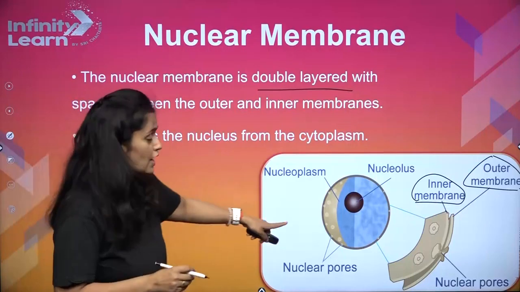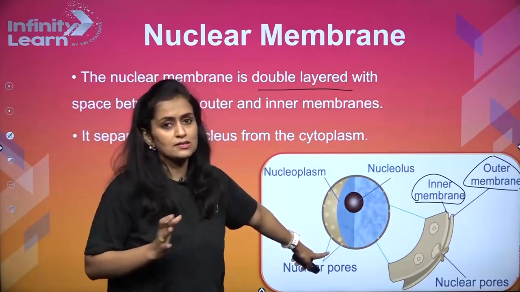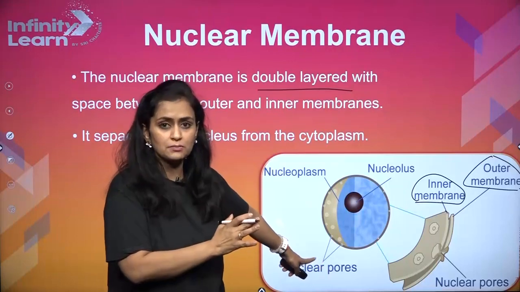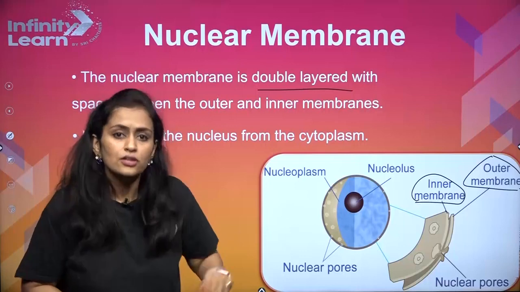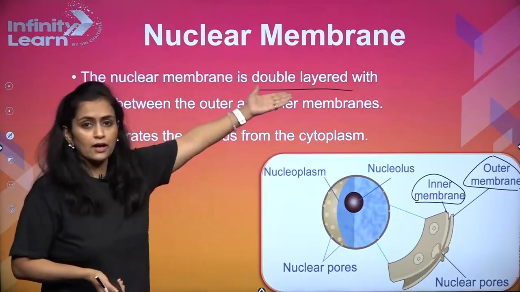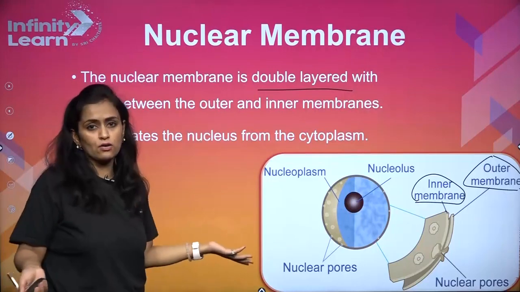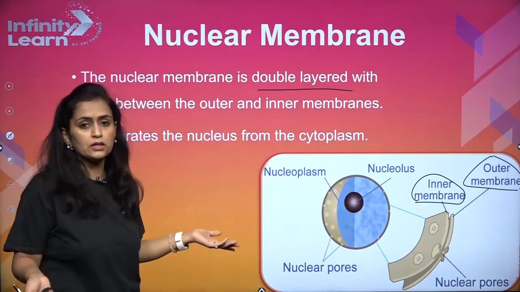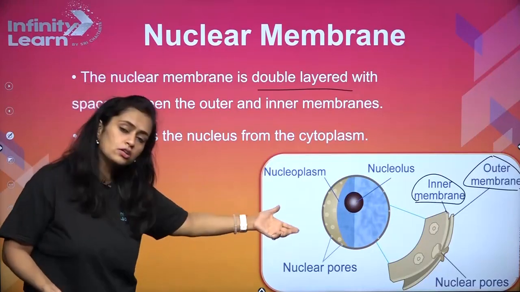What is the function? It separates the cytoplasm and nucleoplasm, right? Otherwise, in case of prokaryotic cells, they do not have a nuclear membrane at all. So that's why we call them prokaryotes: no developed nucleus, a primitive kind of nucleus. Pro-karyote, primitive nucleus.